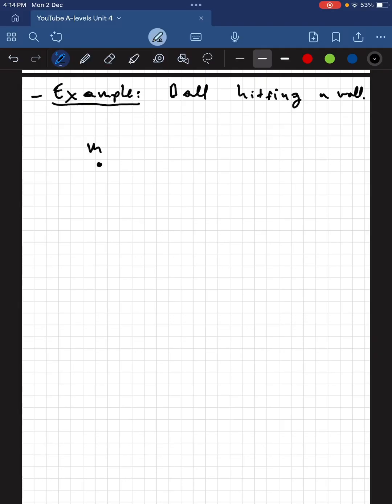So let's say that we have a ball of mass m moving with velocity v to the right, and it hits a stationary wall. So here is what happens, and it returns back with some velocity minus v, and the minus stands for the change in direction because now we move in the negative side of the x-axis.